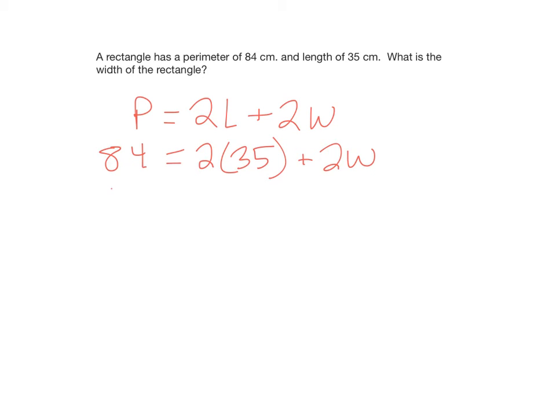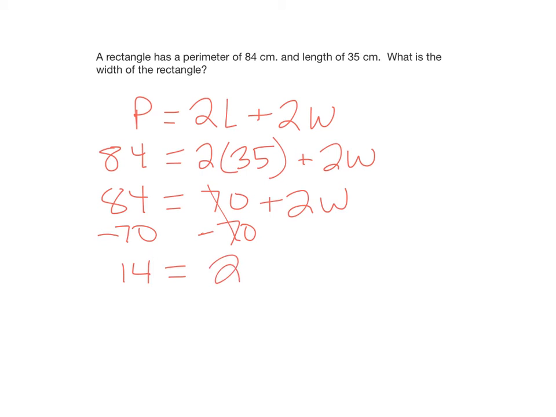Let's simplify first. 84 equals 2 times 35, that's 70, plus 2w. Remember, we want to get w by itself, so we have to subtract the 70 first. 84 minus 70 is 14.